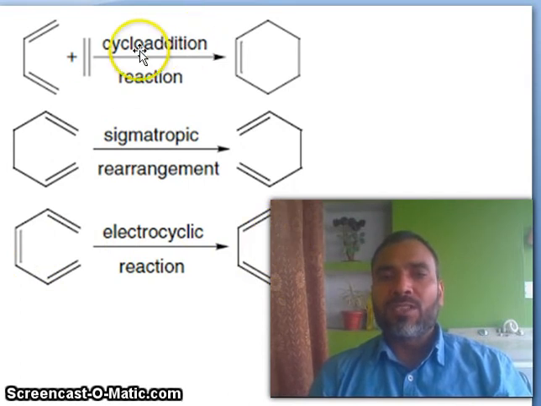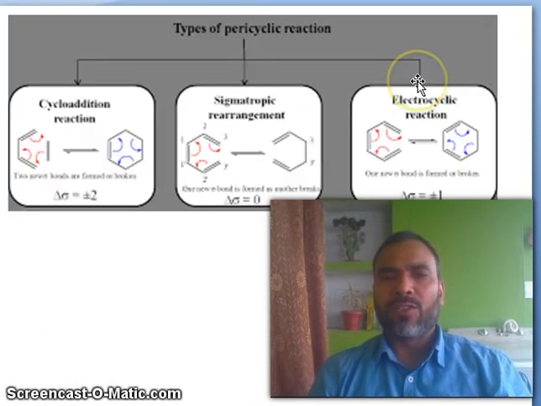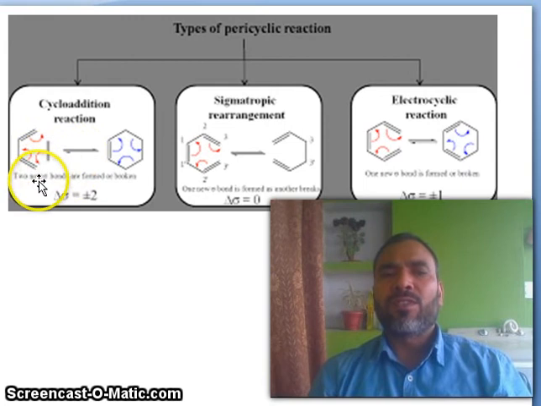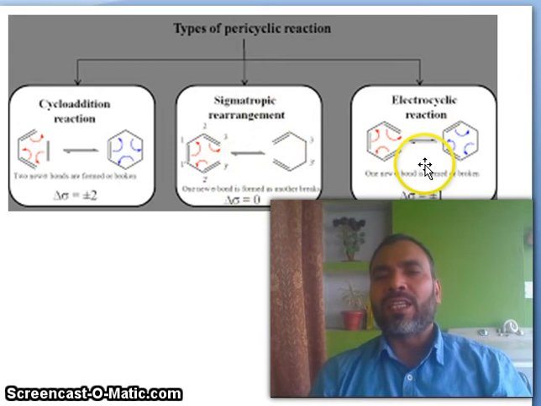So this is the point we are discussing today, cycloaddition. Now you see the types of pericyclic reaction. In cycloaddition reactions, you see the shifting of double bonds. In sigmatropic rearrangement, you see shifting of bonds, and then the electrocyclic reaction. So we are focusing here.